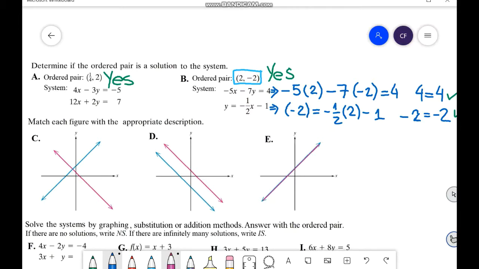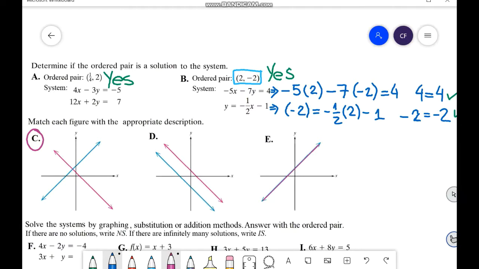Which one represents one solution, which one represents no solution, and which option is the infinitely many solutions? What is letter C? One solution, no solution, or infinitely many solutions?